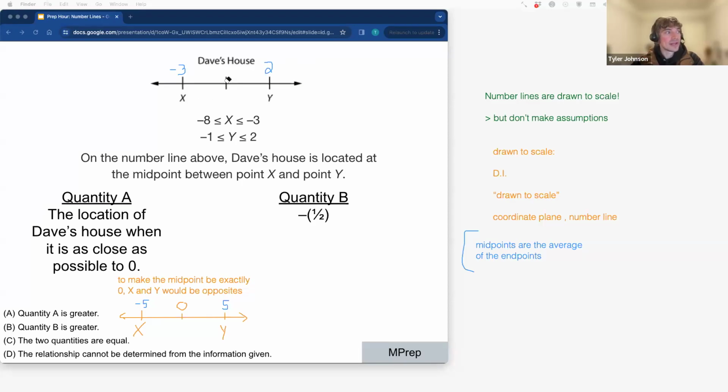So now I just need to calculate what would the midpoint be. And it's the average of the endpoints. So -3 plus 2 over 2, that's going to be -1/2. And that's as close as I could get Dave's house to 0. So quantity A and quantity B are equal here.